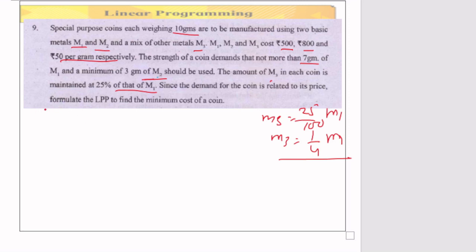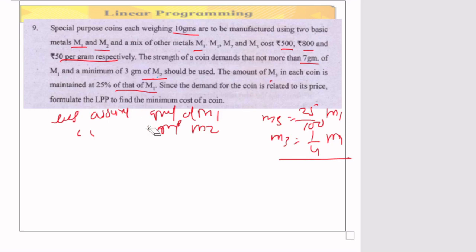So we need to assume. Let's assume A gram of M1 and B gram of M2. Here this time we can take x and y, because the other elements are in M1 and M2.